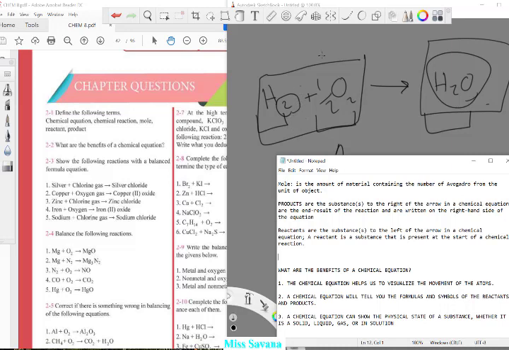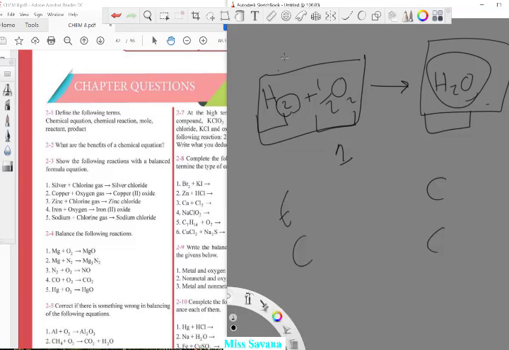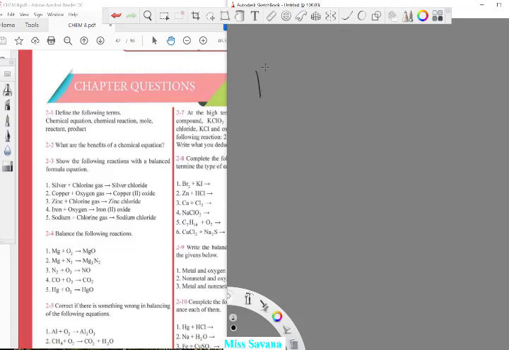As you know, the easiest one in the whole world is H2 plus O2 equals H2O. This is the chemical equation that makes water. Now, what does he mean by the physical state?